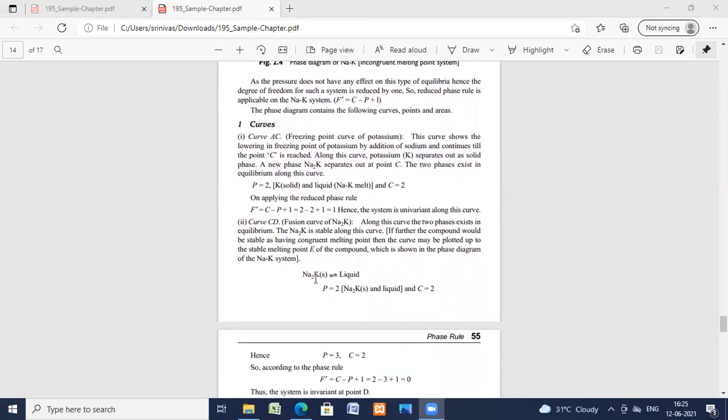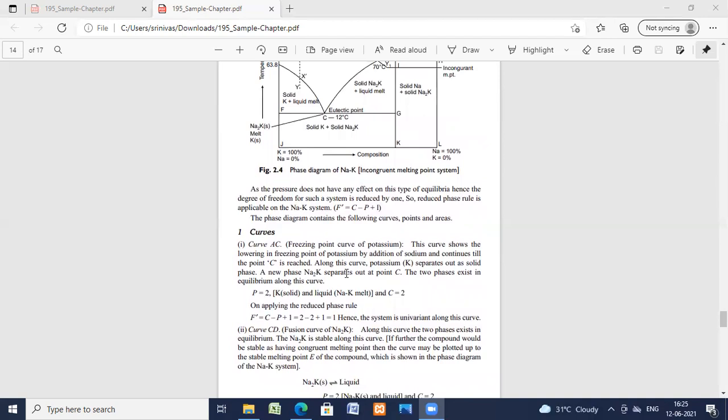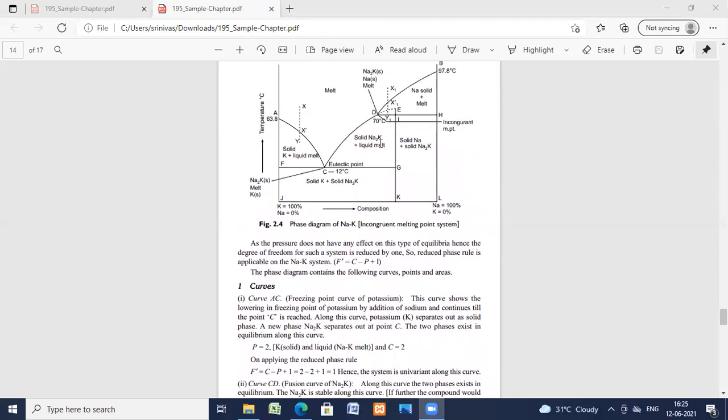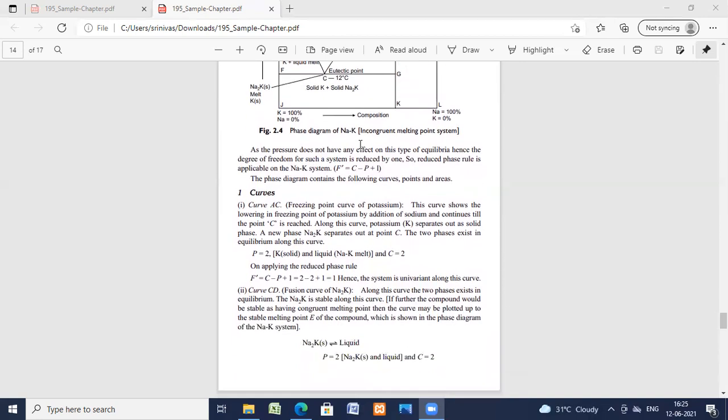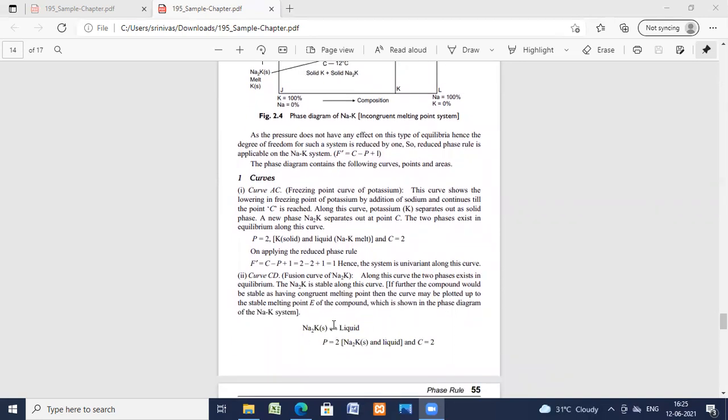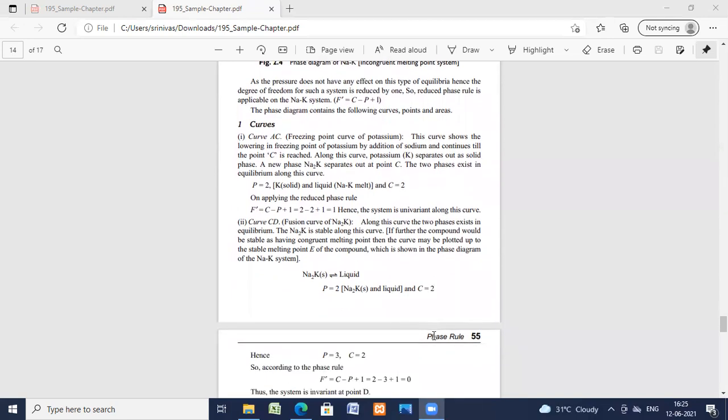So Na2K is in equilibrium with liquid. Phases are 2, solid and liquid. C is 2, you are having Na and K. What is the formula?